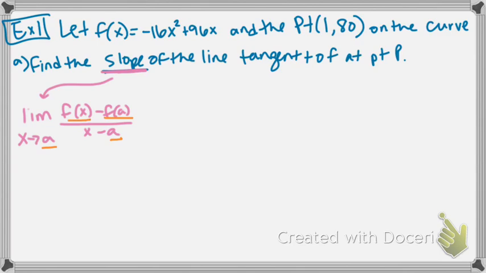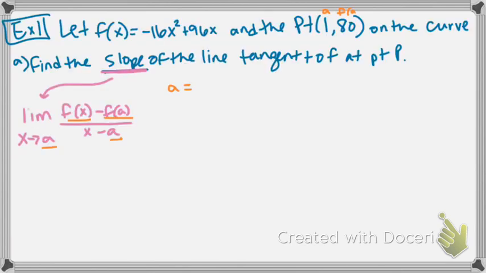The only thing left in there is x. So let's start figuring out what everything is. Your a value is your x value, which makes this your f of a. So a is 1, and f of a is 80. We already know what f of x is. That's the original equation that they gave us, negative 16x squared plus 96x.